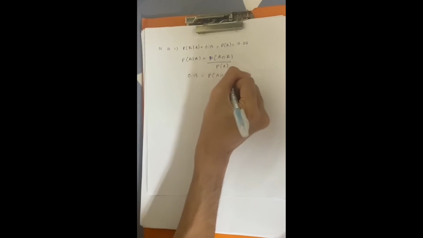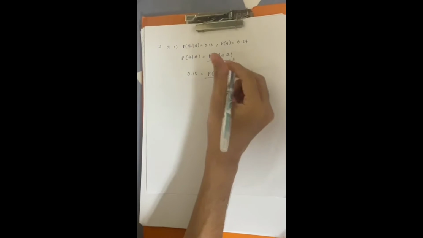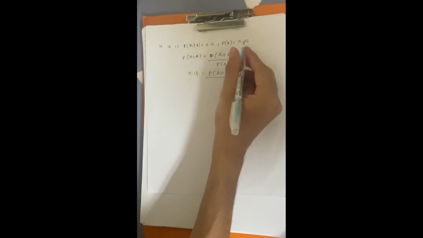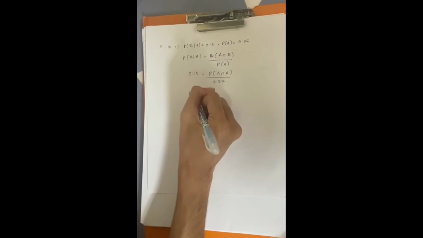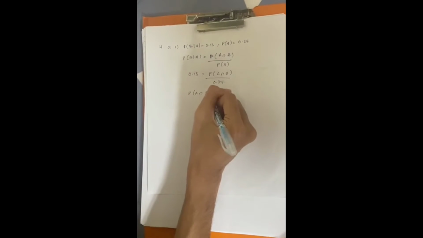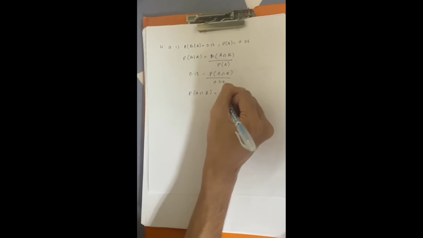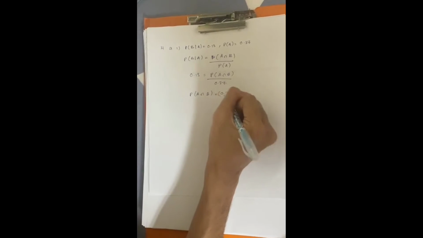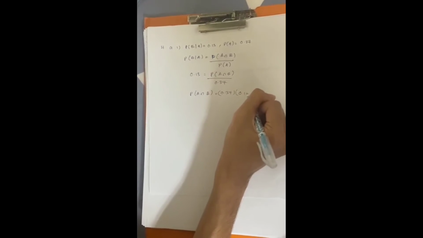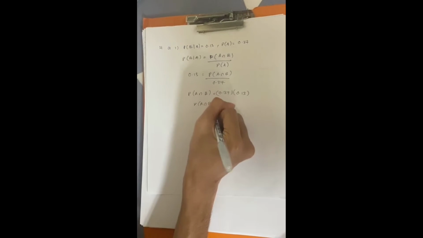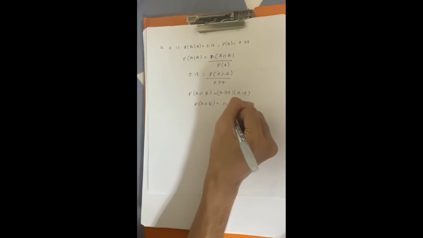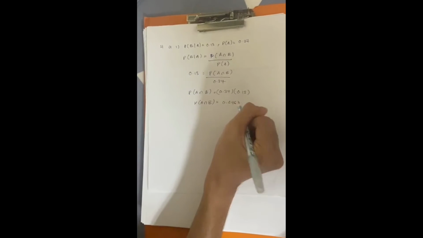Probability of A intersect B over probability of A is 0.37. So probability of A intersect B is equal to 0.37 times 0.13. So probability of A intersect B equals 0.0481.